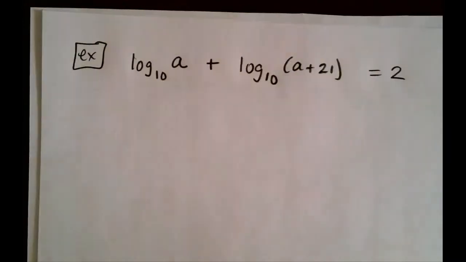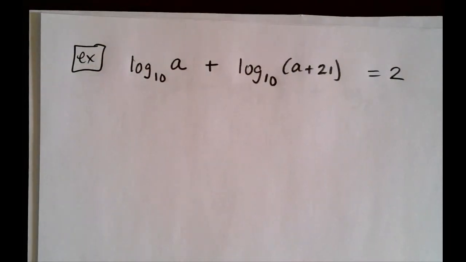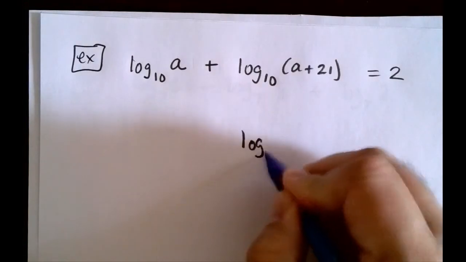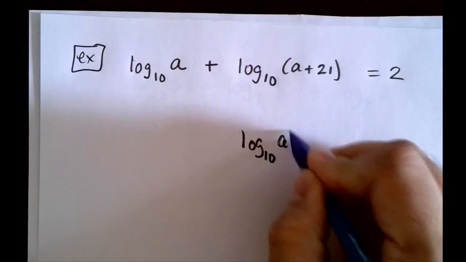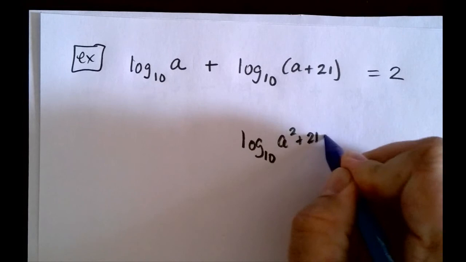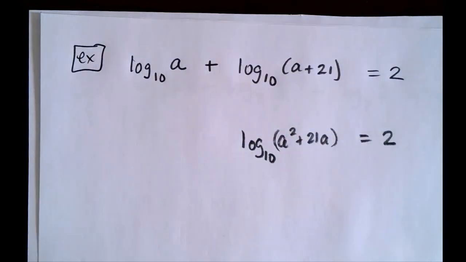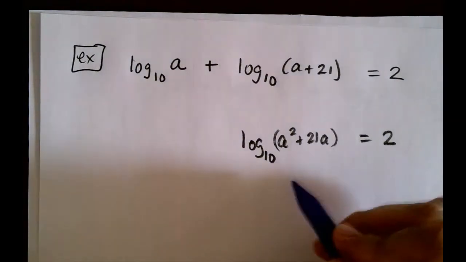Problem number 2. This one is another addition, so we can write it as a single log. We have to distribute the a, so it becomes a squared plus 21a equals 2. Here's the other type of problem, where it's a logarithm equal to a number.